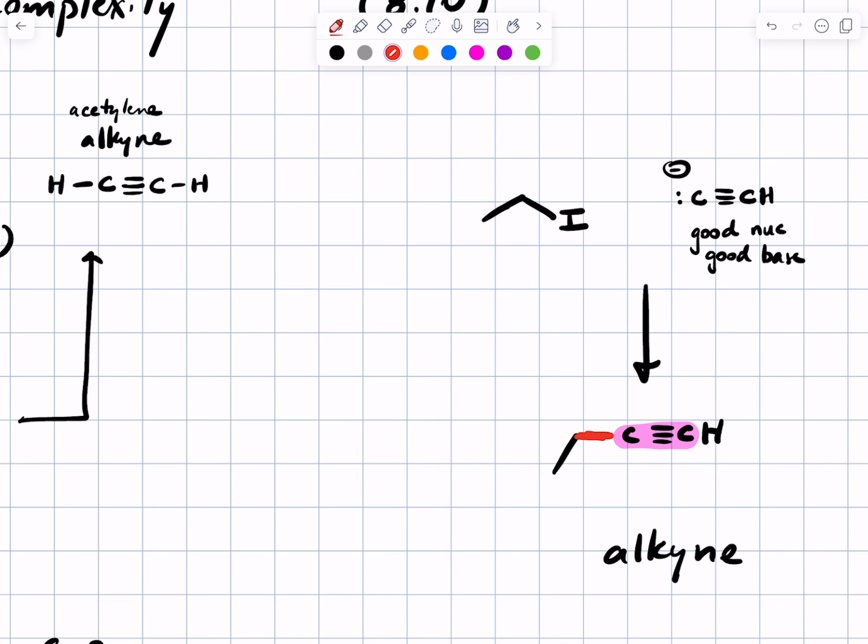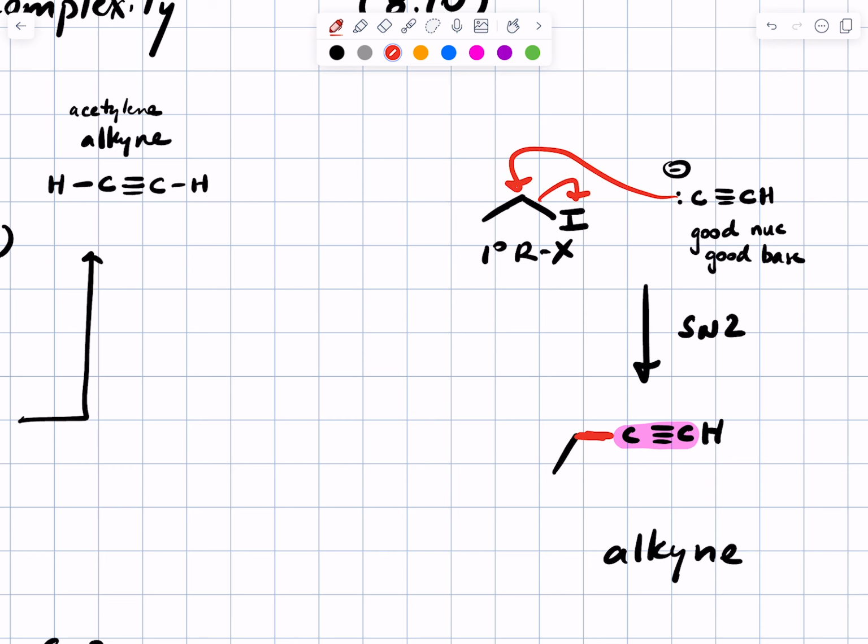Then we can make the bond in red simply by the SN2 reaction, and we have no concerns about this because even though our nucleophile is both a good nucleophile and a good base, E2 is slow for primary alkyl halides, whereas SN2 is fast, so it's straightforward to do that.